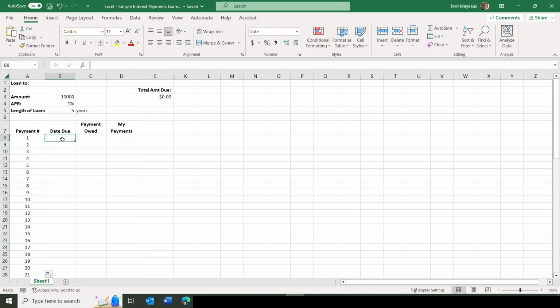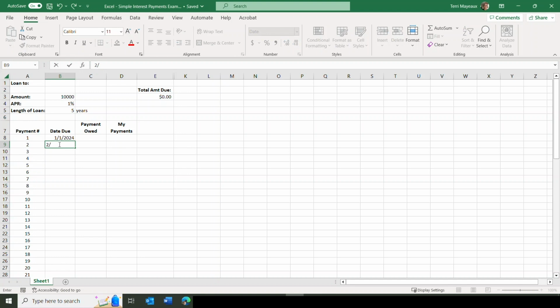And the date due, let's say that I'm going to save up a little bit before I even take out this loan. So I'm going to start it on January 1st, 2024. And again, I can set up a pattern.